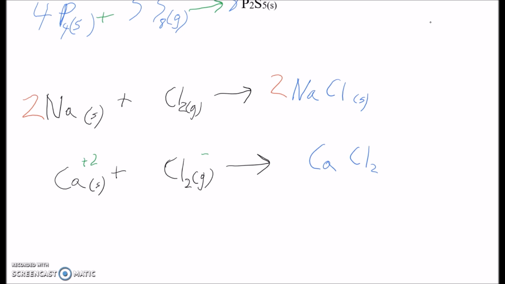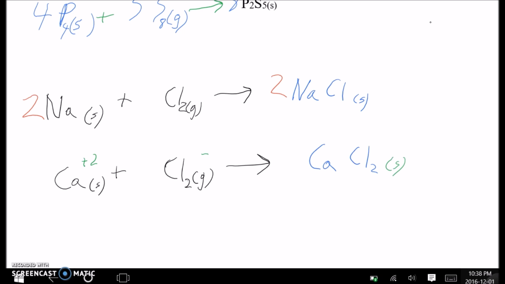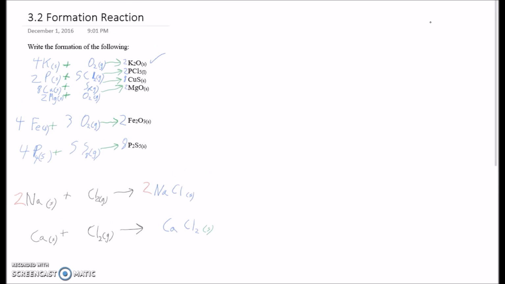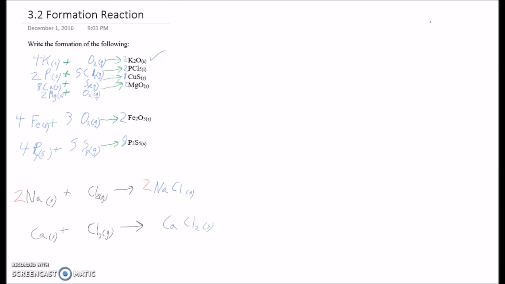So I need this last answer to be neutral. So +2 minus 1 times 2 here, and they all balance out to be a neutral solid. Now if I compare back all my numbers, I've got 1 here, 1 here, 1 here, and it'll be balanced already. And that is your simple formation reaction type questions.